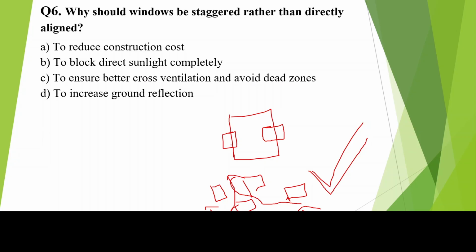Like in this one, when the air comes and passes, this will be the dead zone. Dead zones will be less observed in this kind of arrangement. I hope you have got the answer for this question.